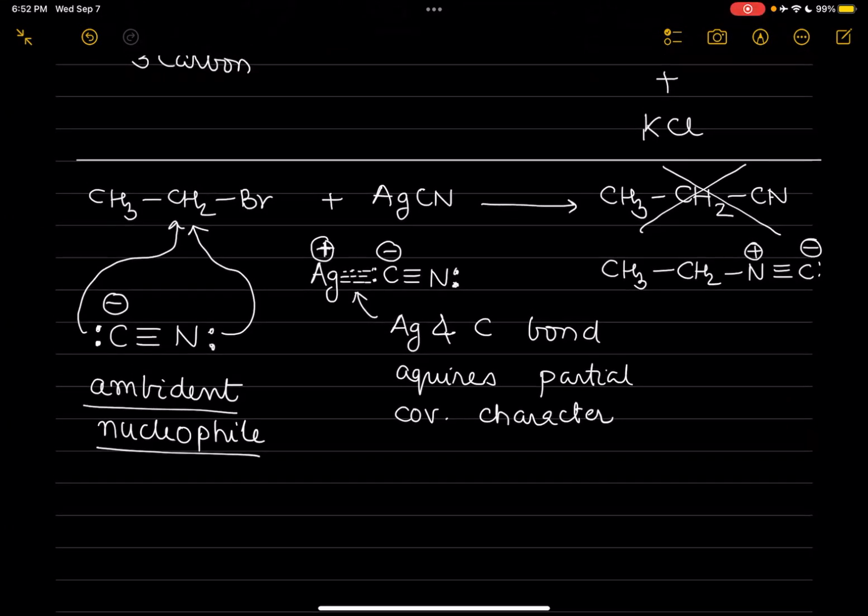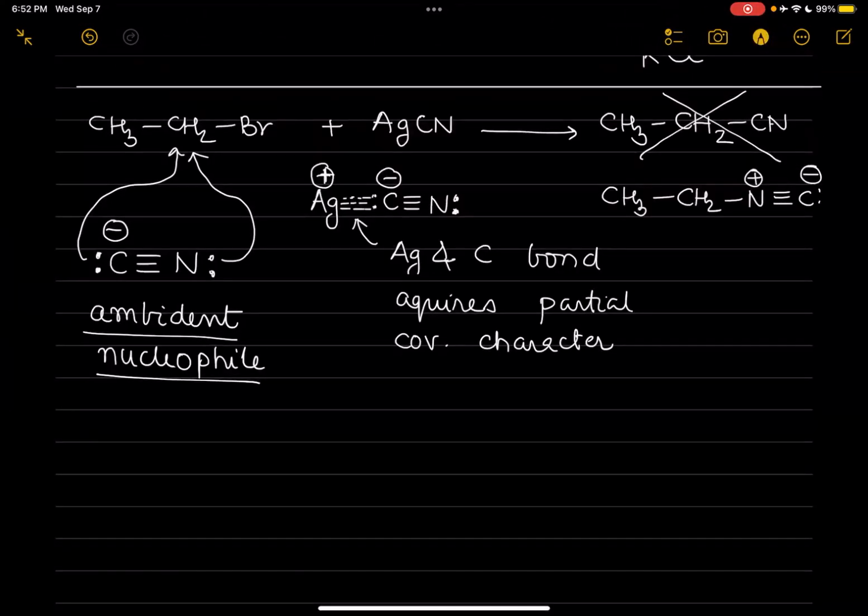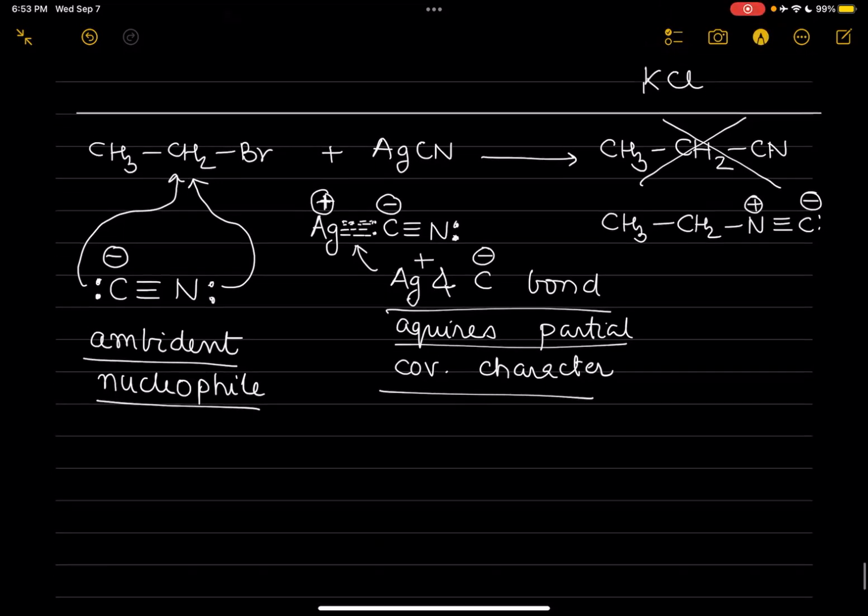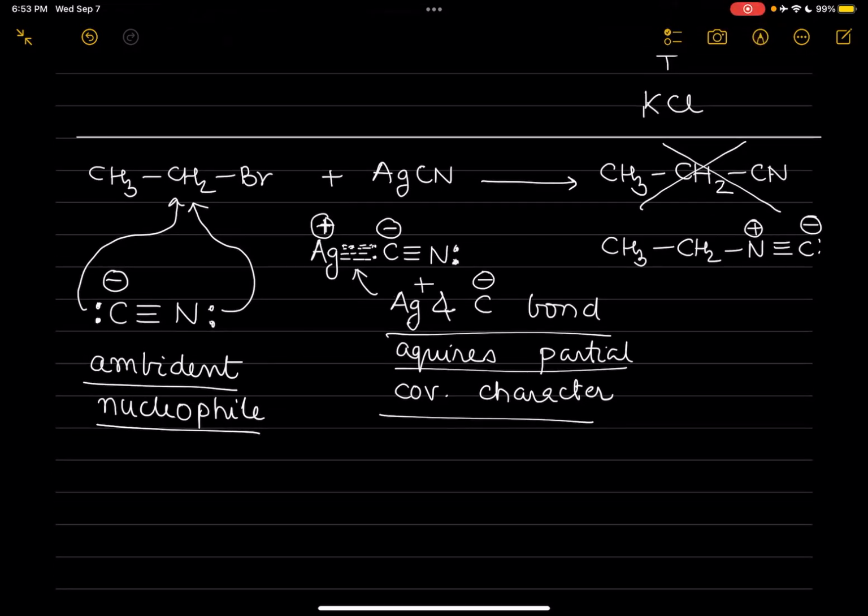Because the CN was getting dissolved in water. Carbon actually was held by silver plus. The lone pair of the carbon was held by silver. That's why I've shown this line. They are not free. The carbon has some association with the silver.